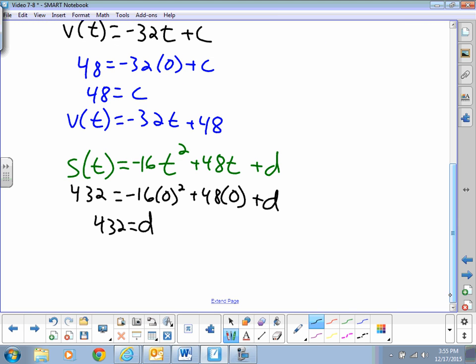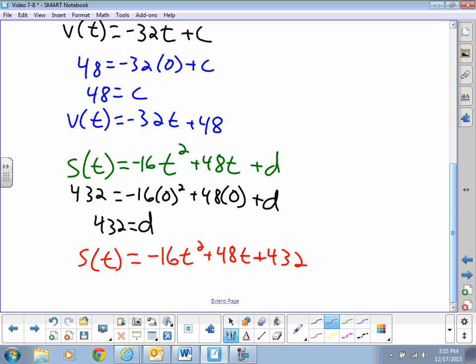Therefore, we can determine our actual position function of the object to be negative 16t squared plus 48t plus 432. And that accomplishes the first thing we wanted to do in this problem. We wanted to find our position in terms of our time t.